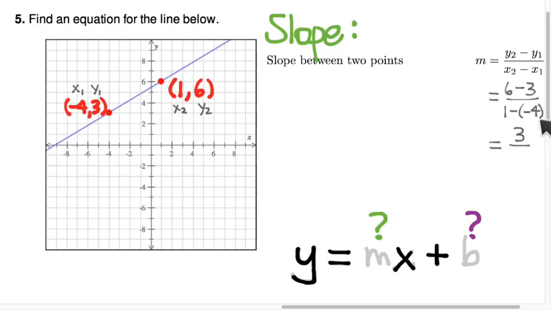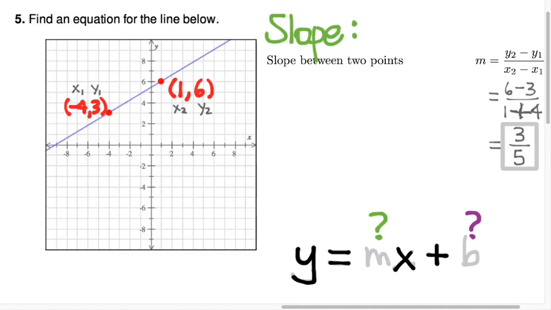Downstairs, what's 1 minus -4? Yeah, well, keep, change, flip is going to make it 1 plus +4. So actually what I get there is +5. But my slope turns out to be the rational number 3/5.